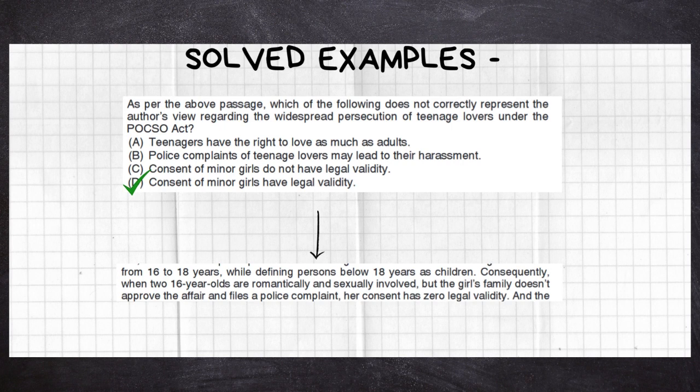The author clearly states that consent of minor girls has no validity. Therefore, the author shall obviously disagree with the fourth option, which says that the consent of minor girls has legal validity. As always, I have annexed the relevant portion of the passage which contains the answer.